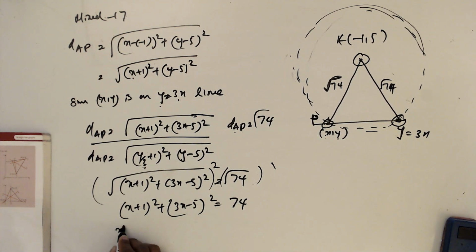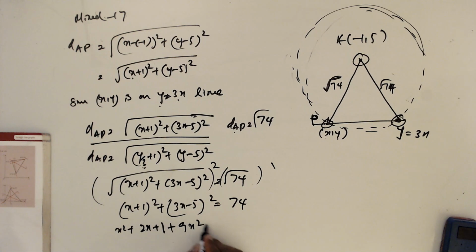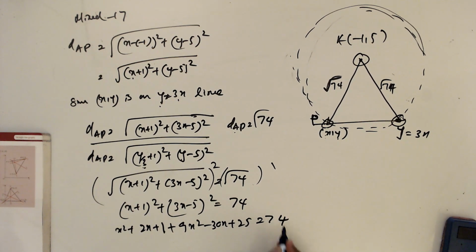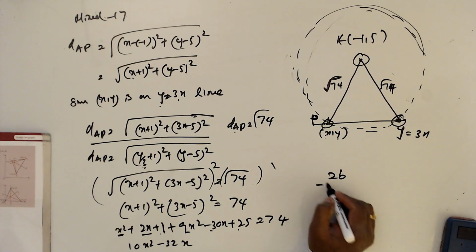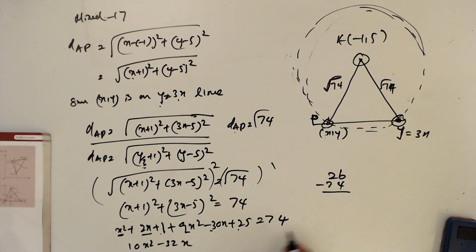Now this is x squared plus 2x plus 1, plus 9x squared minus 30x plus 25 equals 74. So this is going to be 10x squared, then plus 2x minus 30x is minus 28x, then plus 1 plus 25 is plus 26, and minus 74. I'll bring it to the left side.